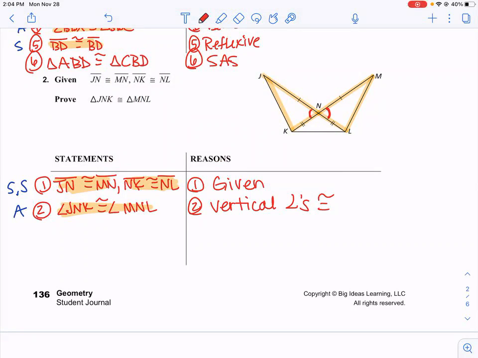You guys, we have all the information we need to say triangle JNK is congruent to triangle MNL because of SAS, the side angle side congruency theorem.